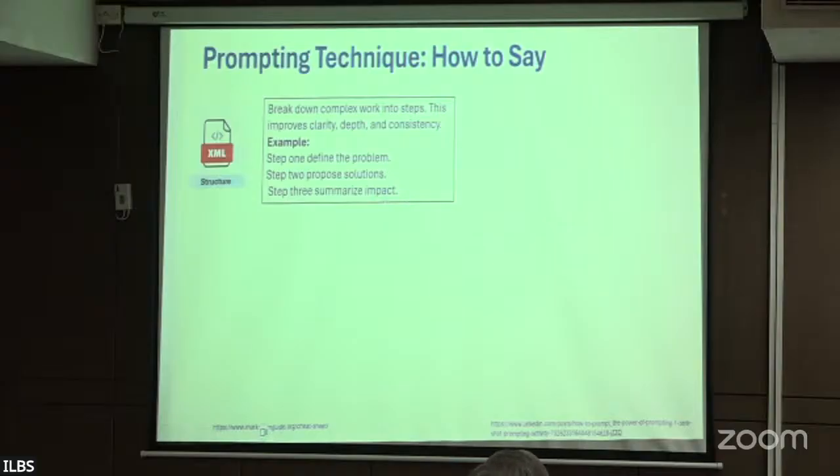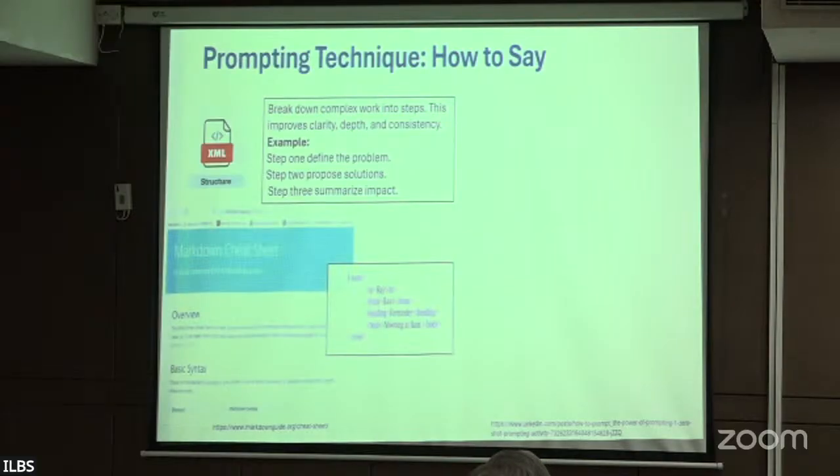In this way, you can structure the problem and your output structure also. There is also some markup language. It is XML markup language. It has some headers, like introduction, methodology, result, and discussion.